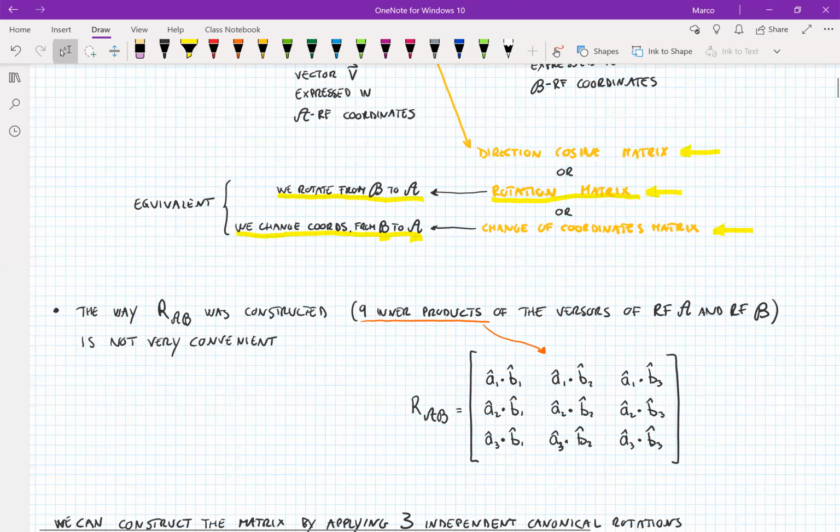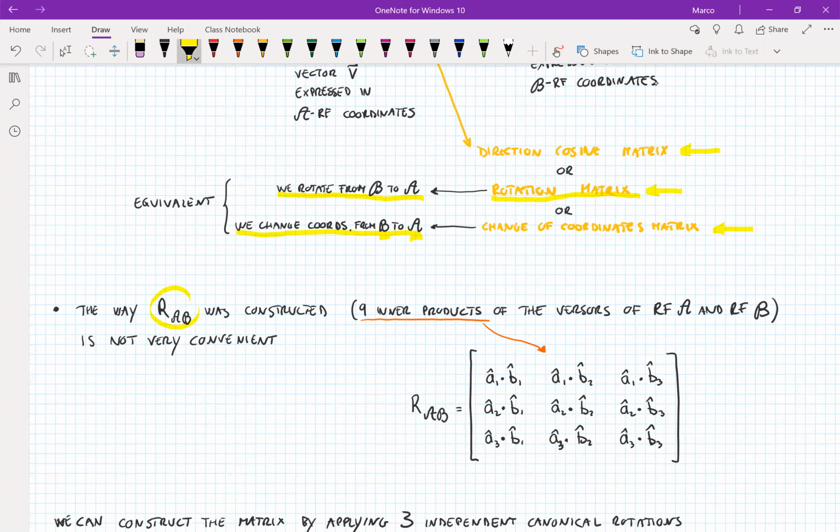We also saw that the way RAB is constructed is by taking the 9 inner products between the versors of A and B. So if you recall, RAB is given by A1 inner product B1, then A1 inner product B2, and so on and so forth. And so we have to complete the 9 entries of this matrix with the 9 different inner products between the versors.